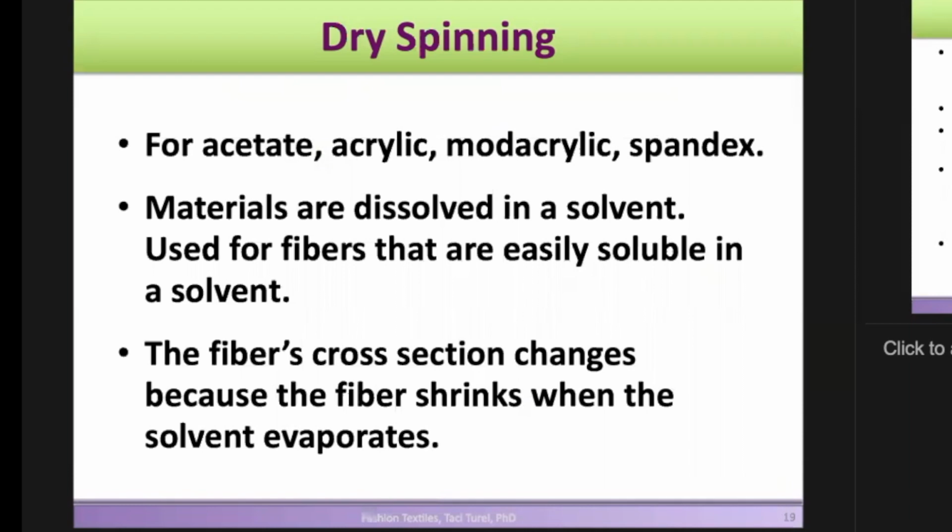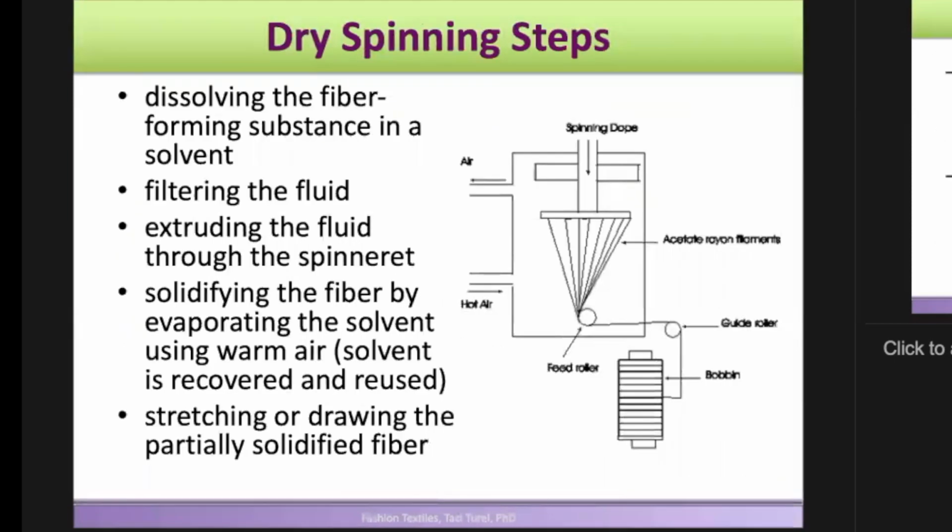Now you have your raw material, you dissolve it in a solvent, and then when the fibers come out of the spinneret holes, you have to evaporate the solvent so that the fibers become solid. So this is kind of how it works. The solution is pushed through the spinneret, the fibers come out, and you have hot air so that the solvent evaporates, and then you just wind the yarn on a bobbin.